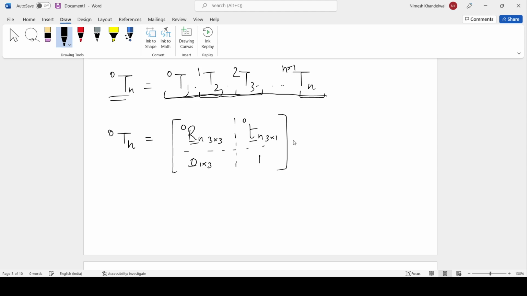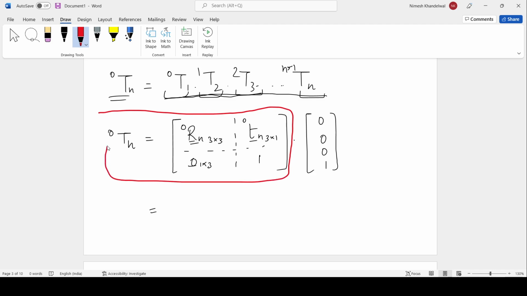Now if we multiply this matrix by 0, 0, 0, 1, what you essentially end up getting is directly the last column of the matrix.